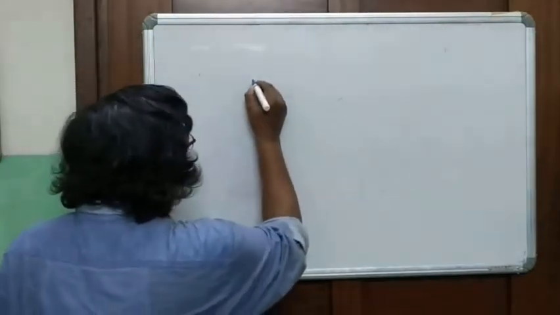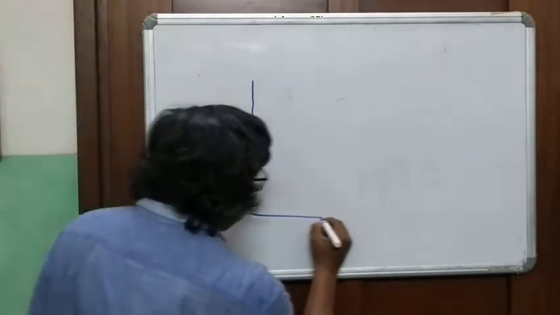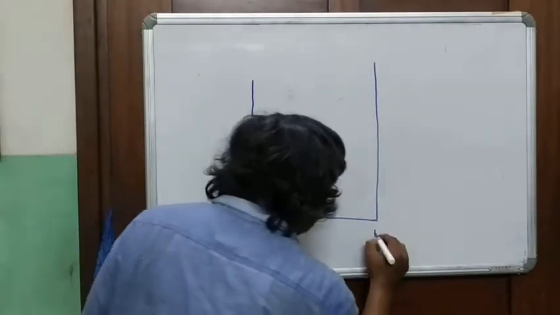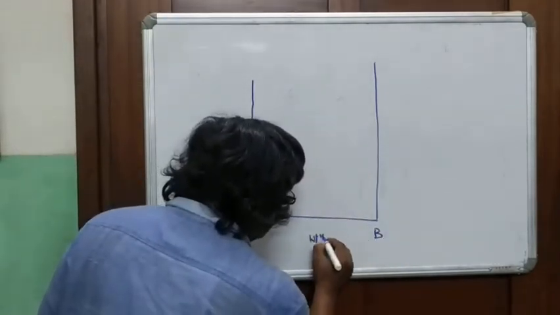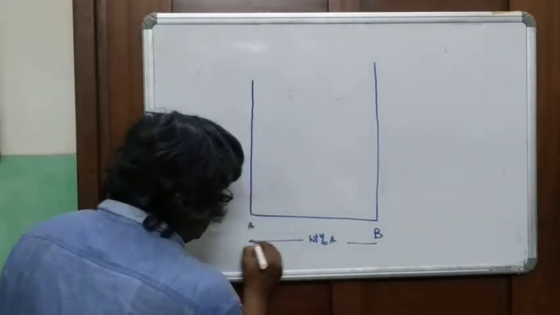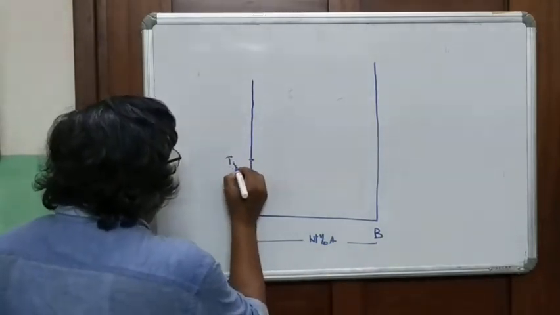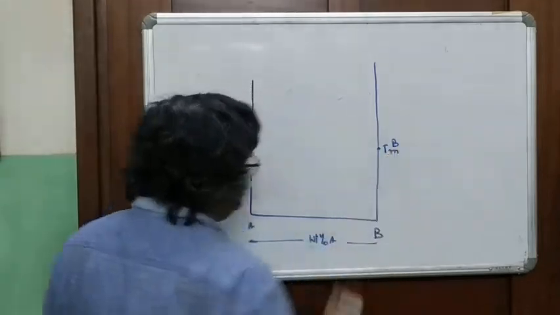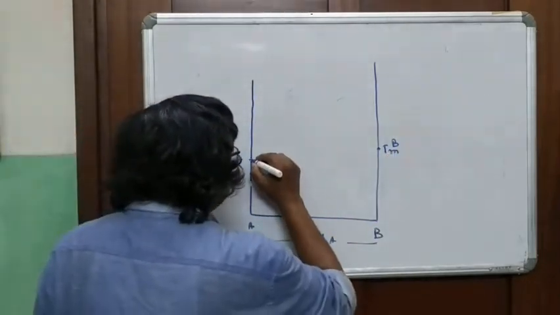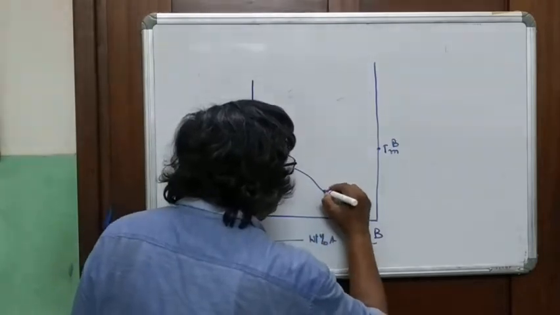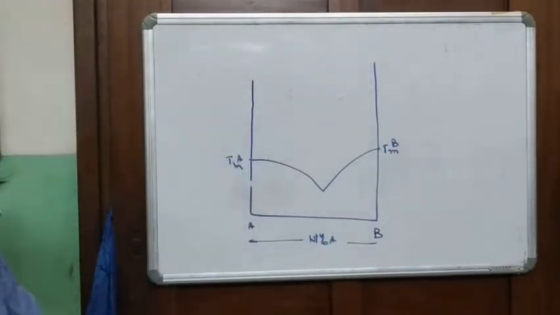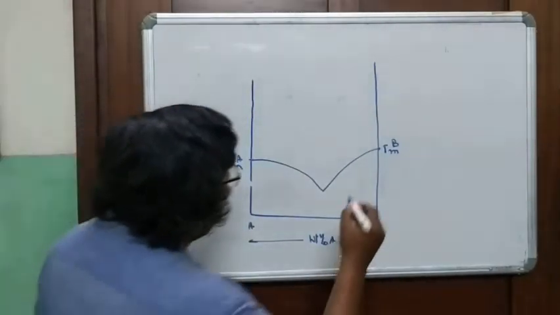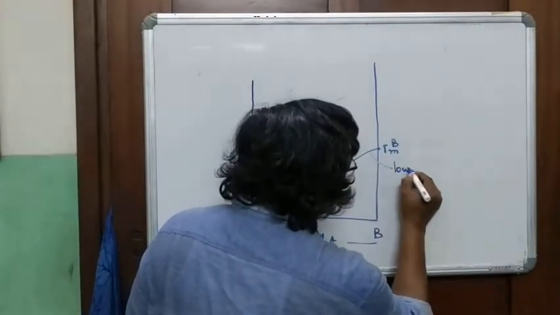Now, let me draw a phase diagram where I actually superimpose, let's say this is A and this is B. This is weight percent A as always, and this is the temperature of melting of A, and this is the temperature of melting of B. I'm just drawing the liquidus, so it's something like this. Let's say this is low pressure.